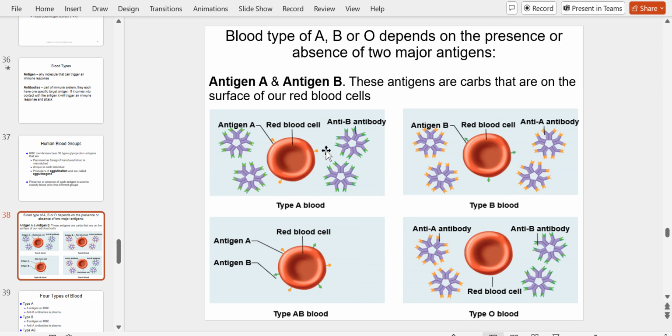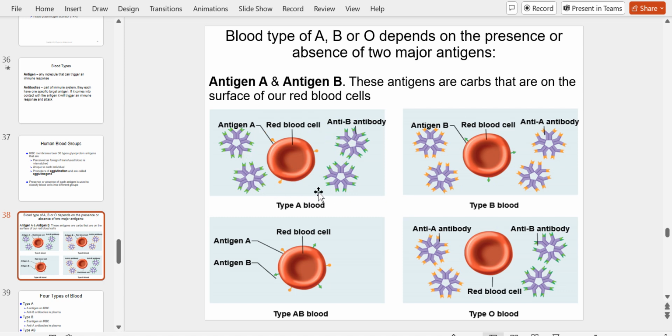So have a look here at type A blood. It has A antigens sticking out of it. Now these are our antigens. This is a glycoprotein sticking out, and this is ours if you're type A blood. But what will be floating around in the plasma?